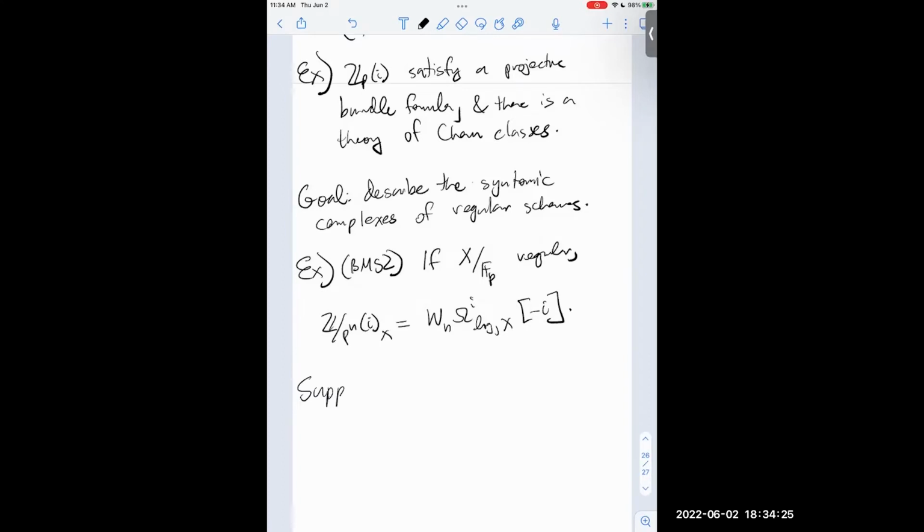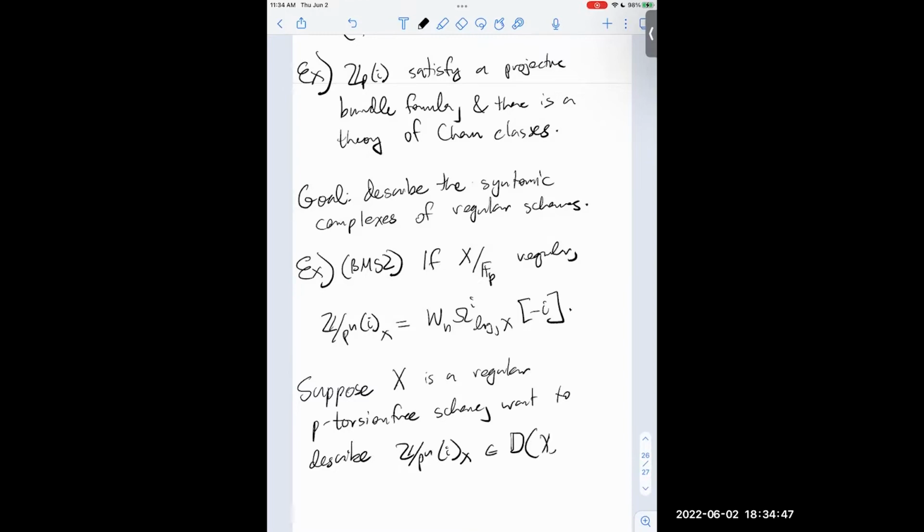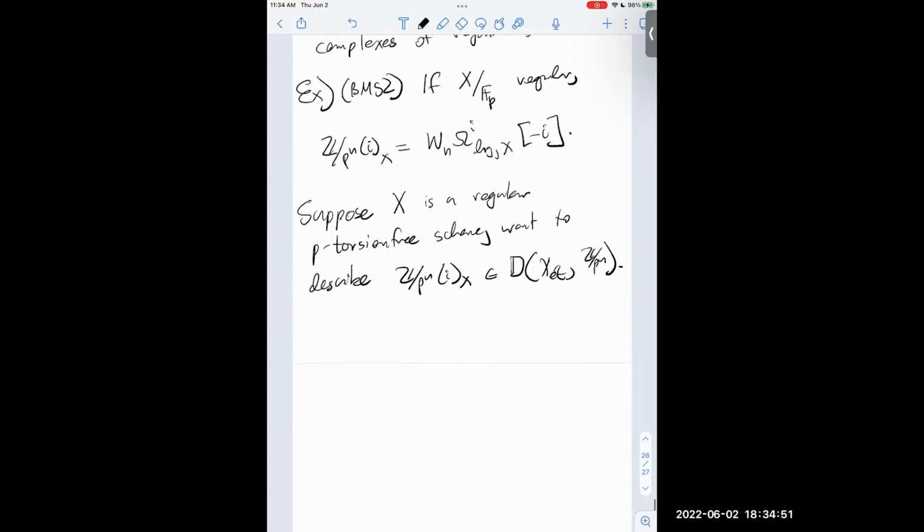So suppose that X is a regular p-torsion-free scheme. And let's say that we want to describe Z mod P to the N twisted by I sub X as an object of the derived category of étale sheaves of X with Z mod P to the N coefficients. So what can we say about it?